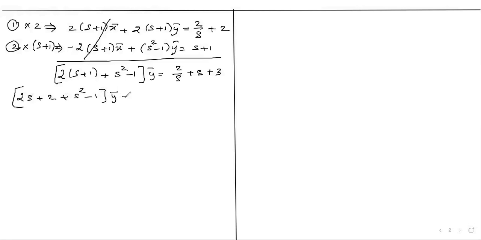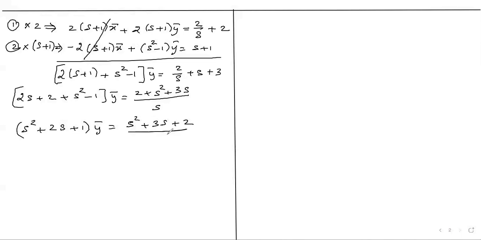Here y bar equals, here 2, see, we can take this s as a common, that is the LCM. So 2 plus s square plus 3s. And here we can rearrange with the leading coefficient. So it is s square plus 2s, and here 2 minus 1 is positive 1, times y bar equals s square plus 3s plus 2 over s.